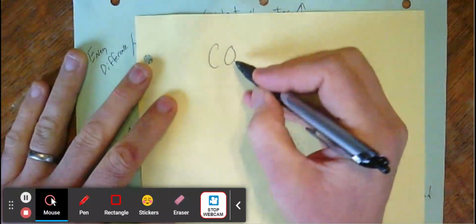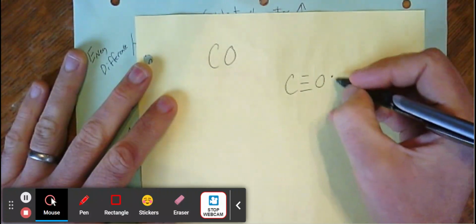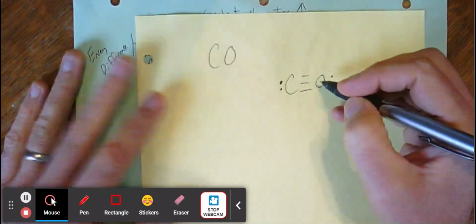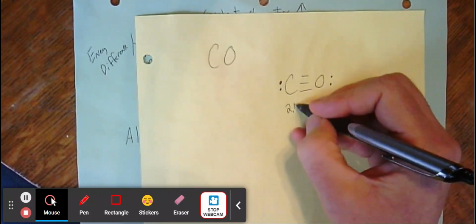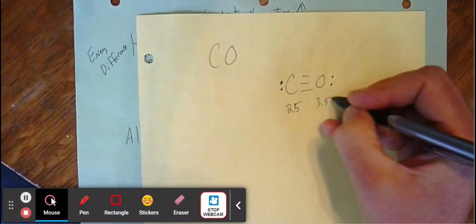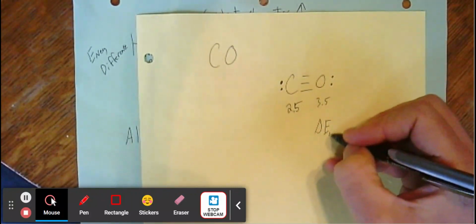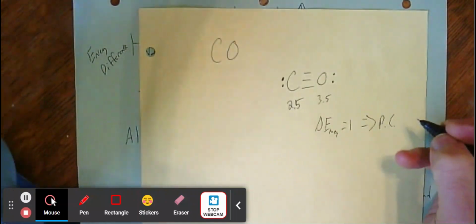All right, let's look at some examples. Carbon monoxide. To do this, the best way is to look at a Lewis structure along with it, but in terms of electronegativity, this is 2.5 and that's 3.5, so the electronegativity difference is 1: polar covalent.